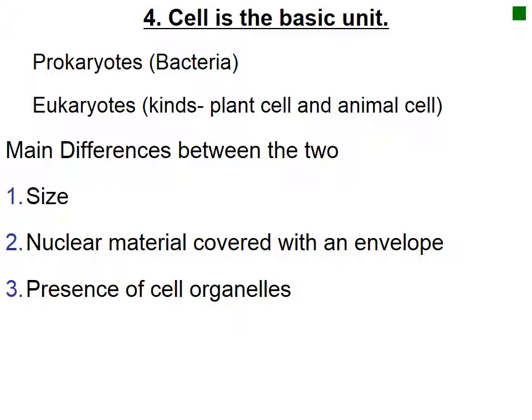You can have endoplasmic reticulum, lysosomes, etc. Whereas in prokaryotes, there are no organelles except ribosome. Ribosome is present here too. So only ribosome is present as an organelle in prokaryotes. Otherwise, it does not have the other organelles seen in eukaryotes.